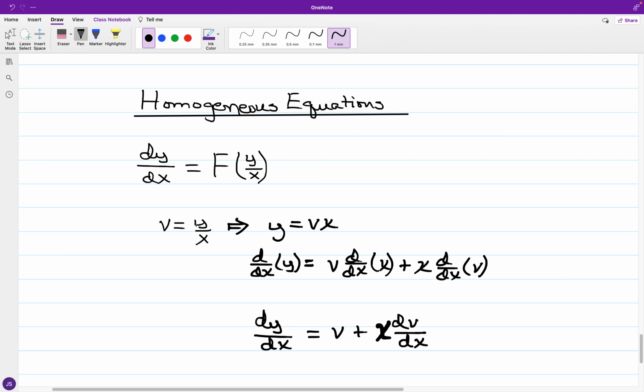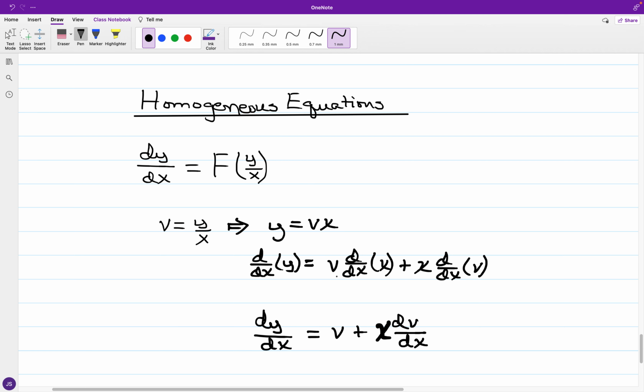So, refashioning v is equal to y over x and isolating the variable y, we have y is equal to v times x. If we take the derivative with respect to x, the left hand side gives dy over dx.